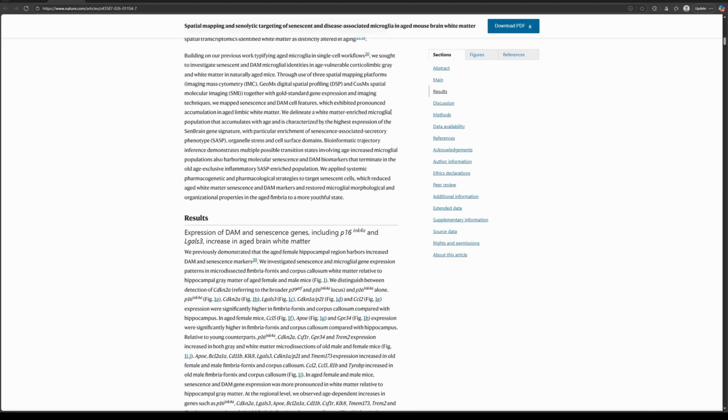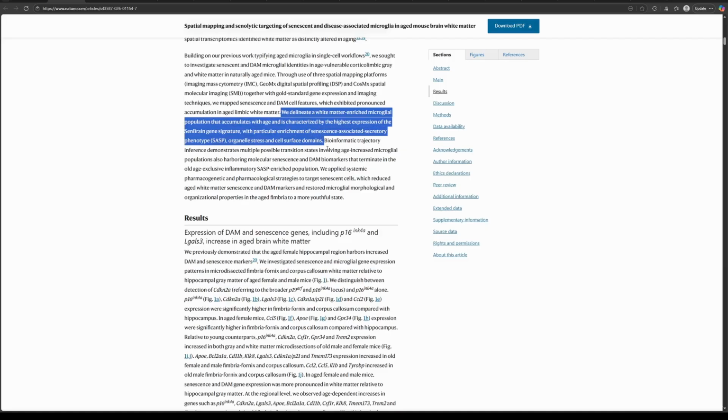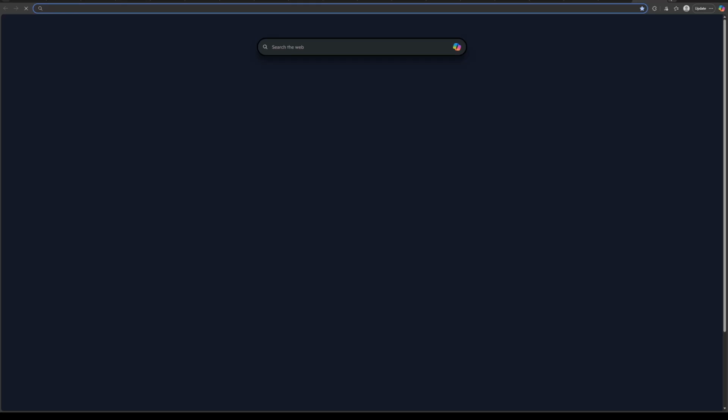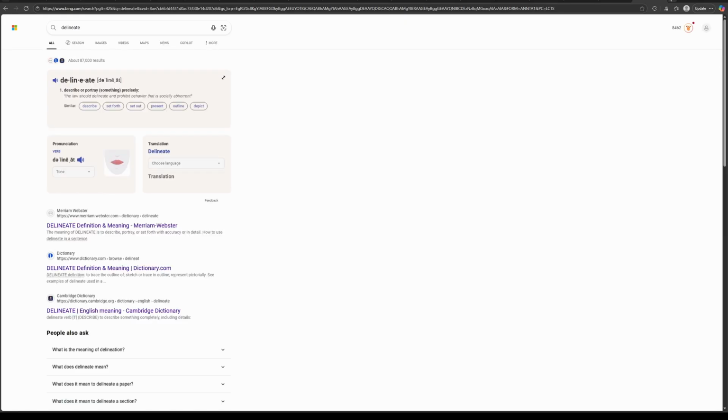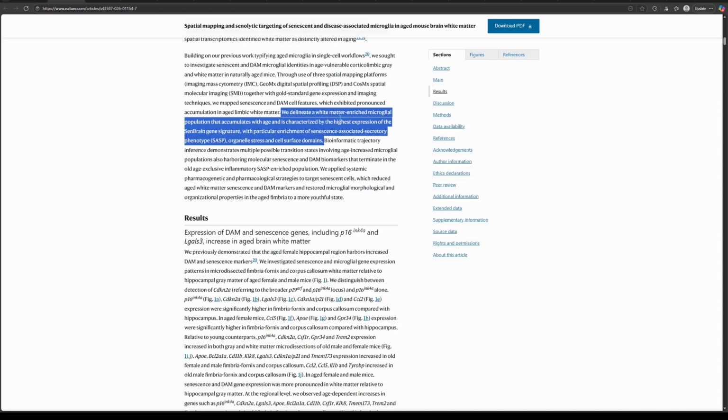We delineate a white matter enriched microglial population that accumulates with age and is characterized by the highest expression of the SenBrain gene signature, with particular enrichment of senescence associated secretory phenotype, organelle stress, and cell surface domains. Holy shit! What a long sentence. That is one sentence. Delineate. Describe. We are describing a white matter enriched microglial population. Okay, they're just telling you what type of cell they're looking at.